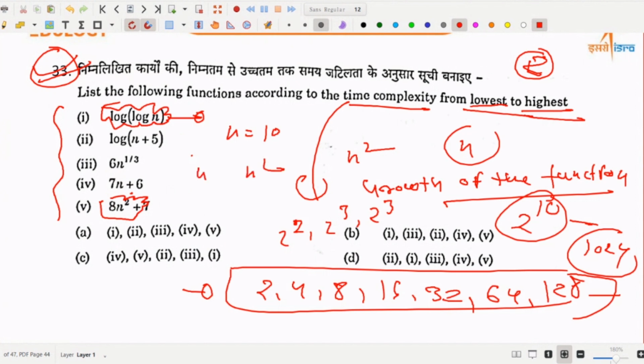If you take n equal to 10 and put it in the equation, n or n square, which one is greater? You will say n square is greater than n, obviously: 10 or 10 square, which is 100.